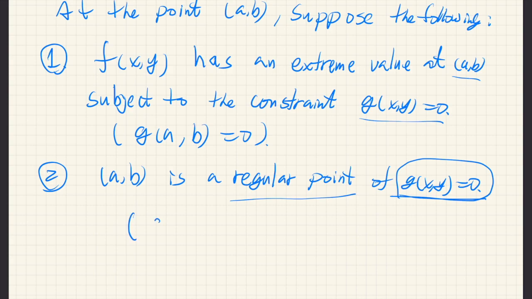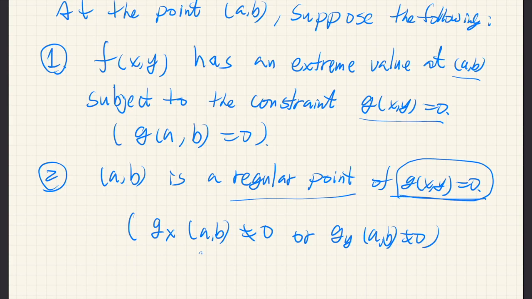That is, the partial derivative with respect to x, g_x of (a, b), is non-zero, or g_y of (a, b) is non-zero. It is not the case that both of these are 0. One of these can be 0, but the other must be non-zero.